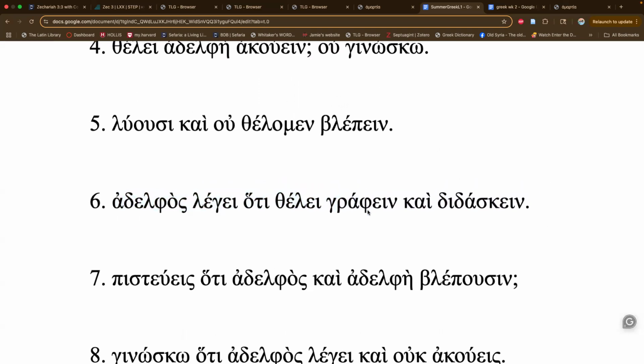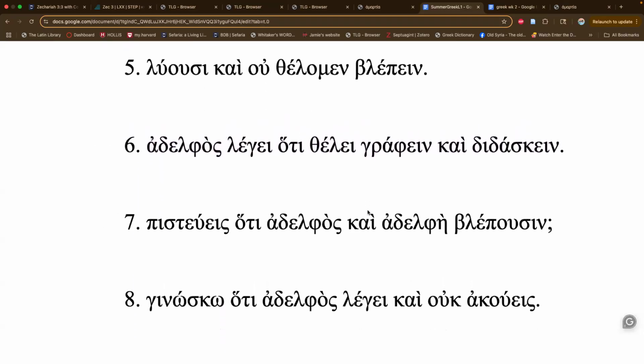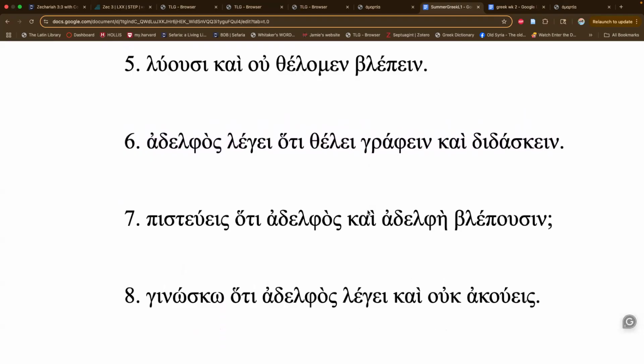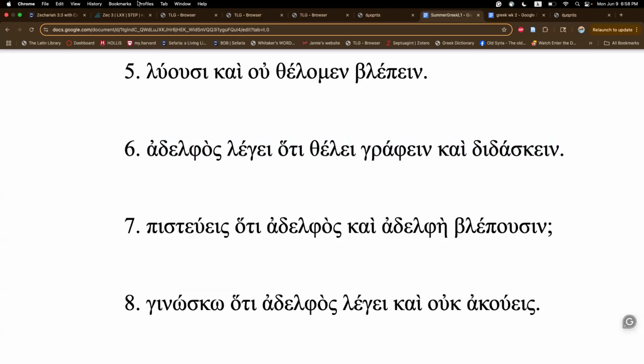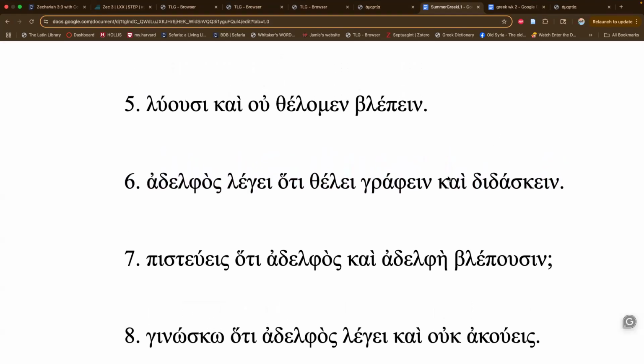Are you on 6? It sounds like you're reading 6. Yep. Would it help if I sounded it out or if I read out 6 out loud? I'll try it. You got the... To say that wishes something written or right. And then remember what that is. That one's to teach.